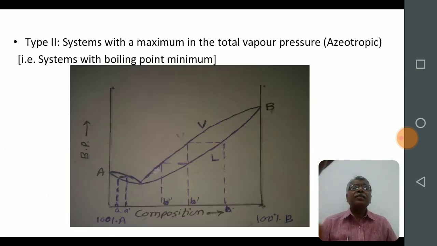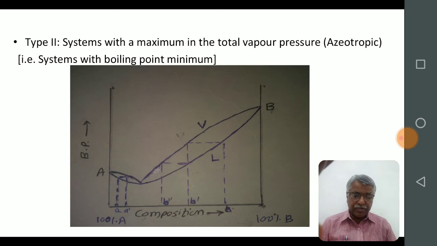Now we consider the distillation of the second type, systems with a maximum in the total vapor pressure, or azeotropic systems with a boiling point minimum. This type of behavior can be represented as shown in the figure. The liquid and vapor composition curves touch at the minimum point M, where liquid and vapor in equilibrium have the same composition.